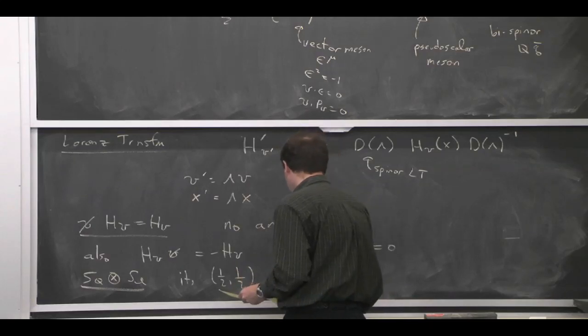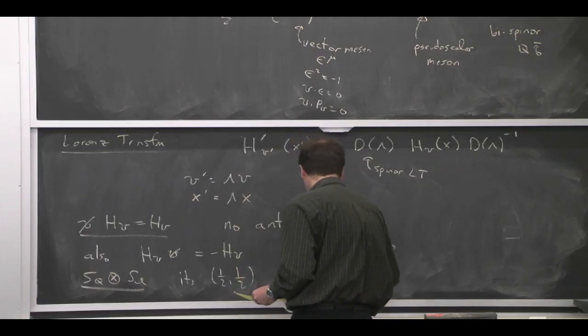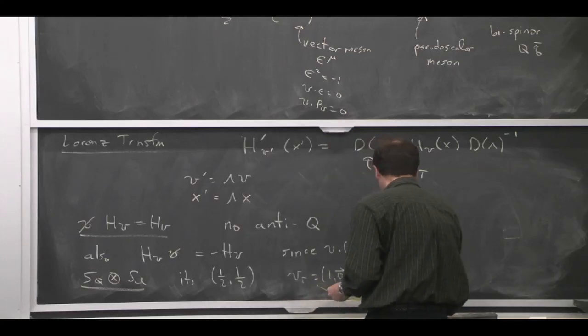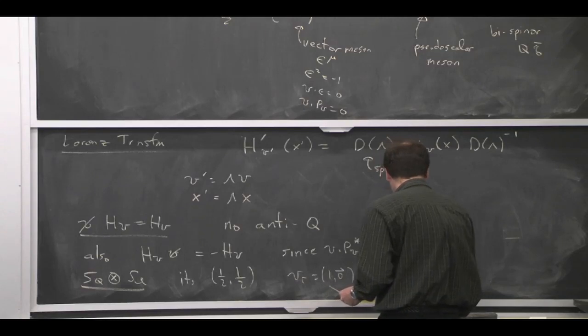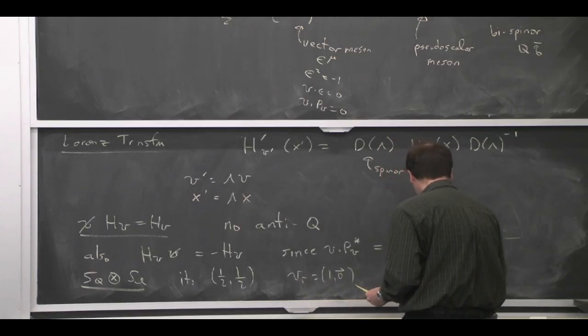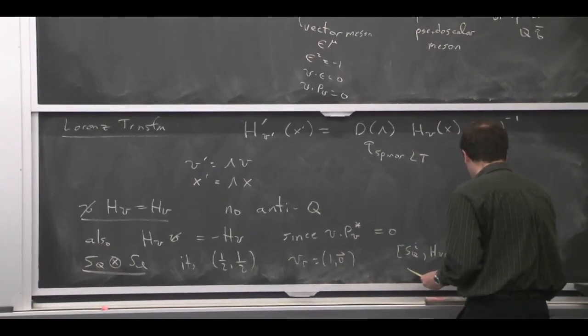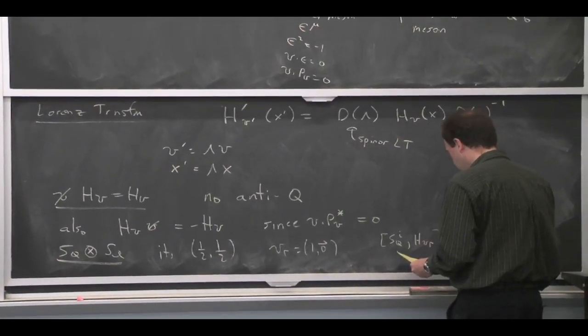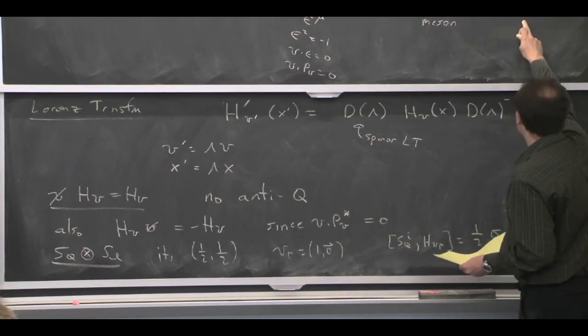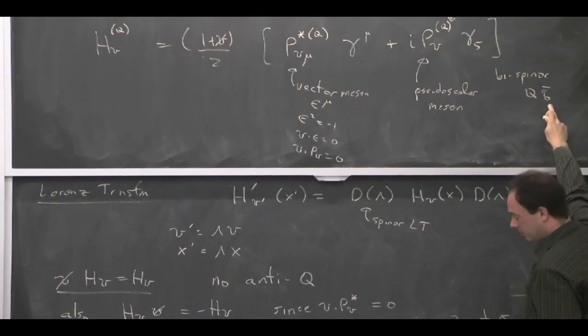If we work in the rest frame, which is v_R equal to (1, 0), and you think about doing a symmetry transformation, you get a commutator. Basically, you have a bispinor, so you have two parts of the spinor corresponding to the heavy quark and two parts corresponding to the light quark.